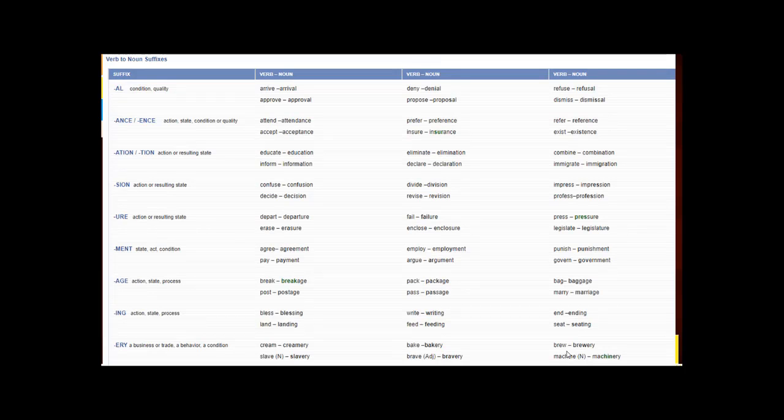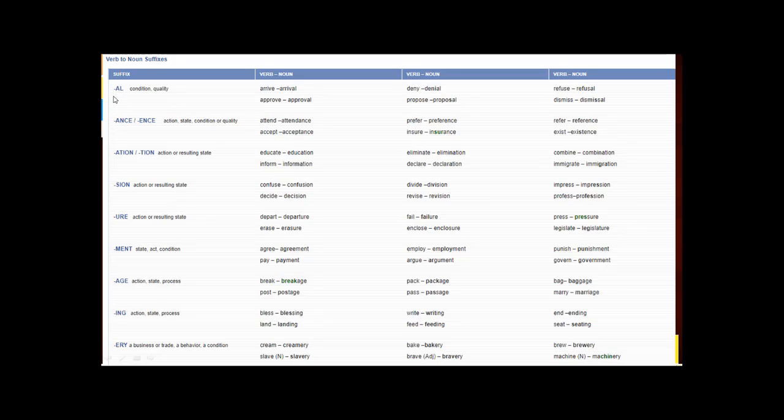And now we can deal with nouns derived from verbs. As aforementioned, we can add suffixes to verbs to get nouns.